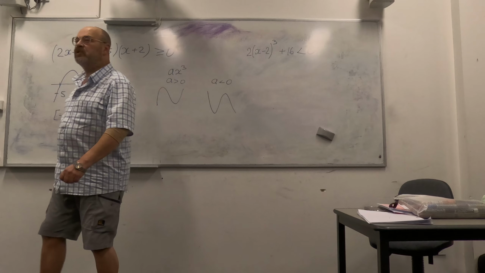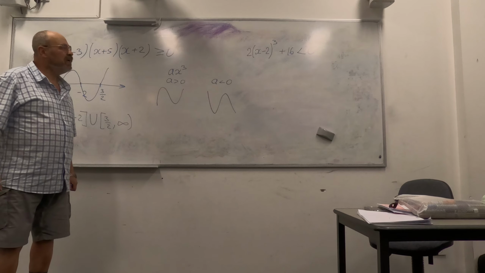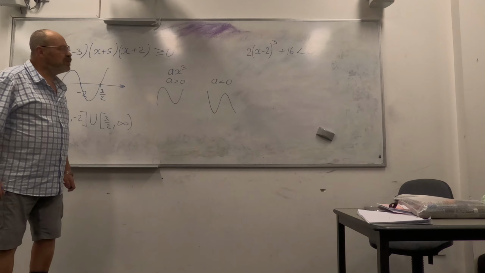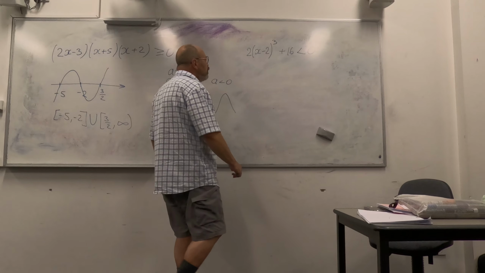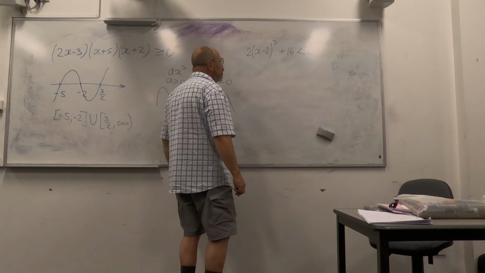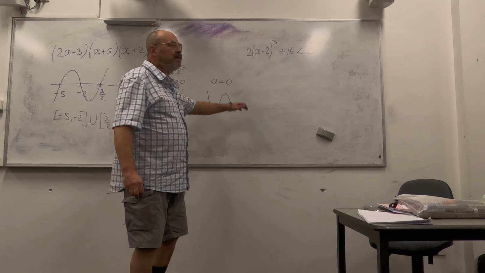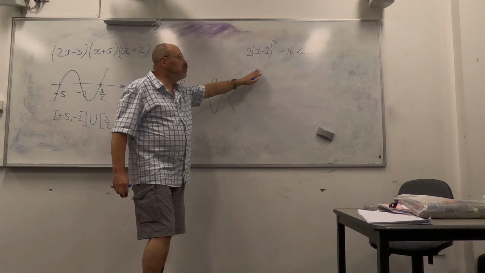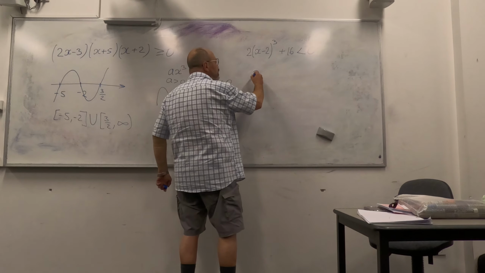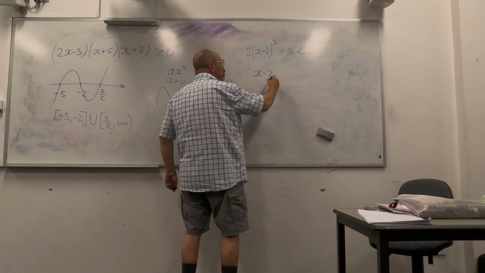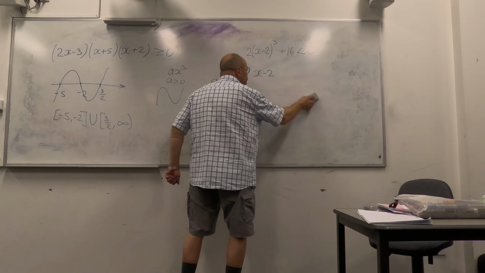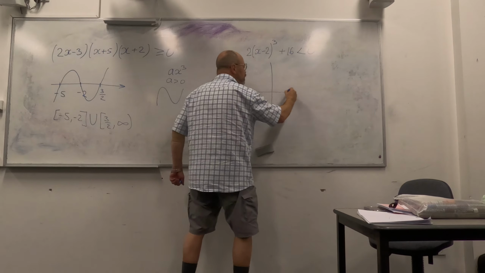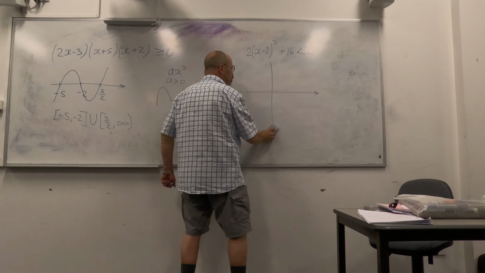Actually, this is not a good example because this we can factorize. But from this one, we can sketch this graph. Just find the x-intercept. We don't even need the y-intercept.